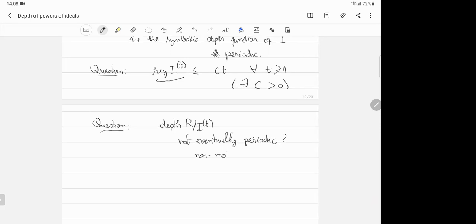We do not have too many techniques to do that. So there are many other questions on symbolic powers. People are still looking at these questions.